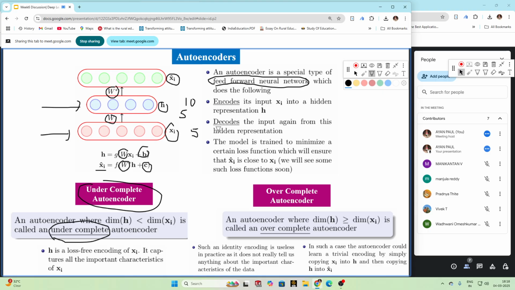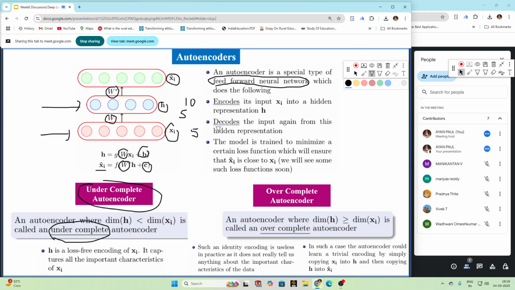But there is no practical significance of the over complete autoencoder, because we are just copying the identity input into the hidden layer, and the other neurons remain vacant.